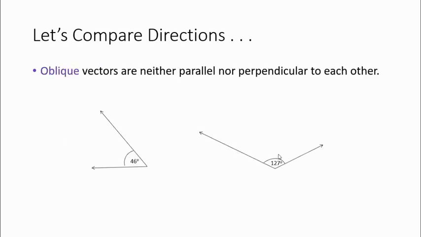Oblique is the word we use to describe vectors that are neither parallel, antiparallel, nor perpendicular. So if the angle between the vectors is not 0, 90, nor 180 degrees, then we describe those vectors as being oblique.